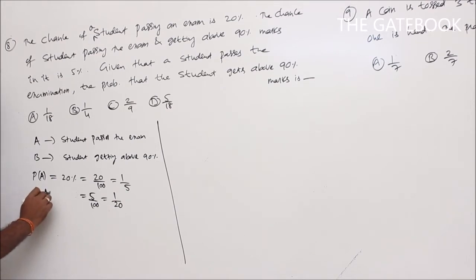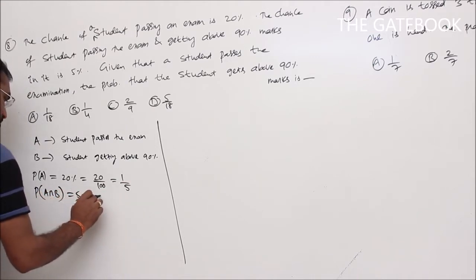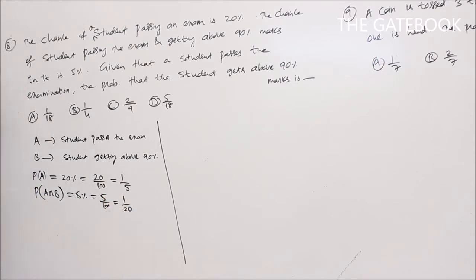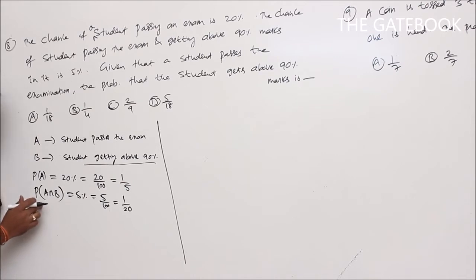That means P of A intersection B is 5%, which is 5 by 100, 1 by 20. Because a student getting above 90% definitely has to pass the exam.